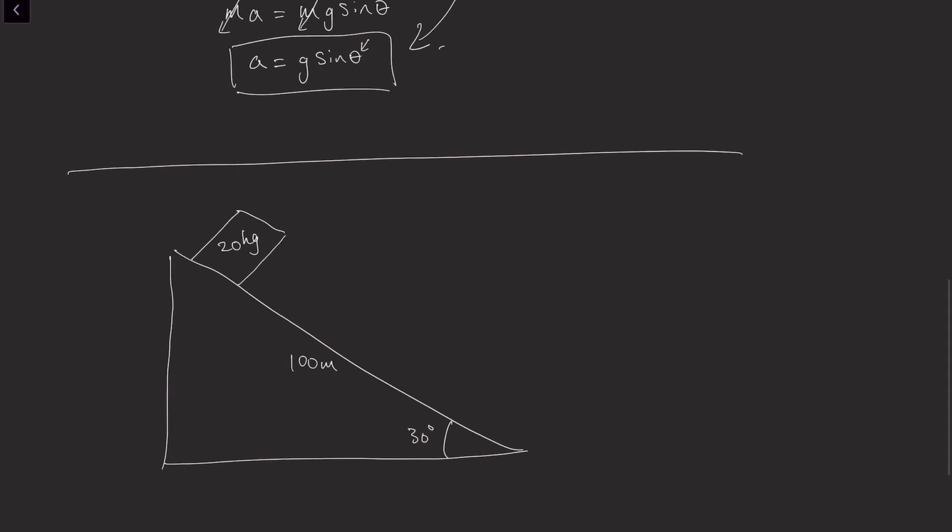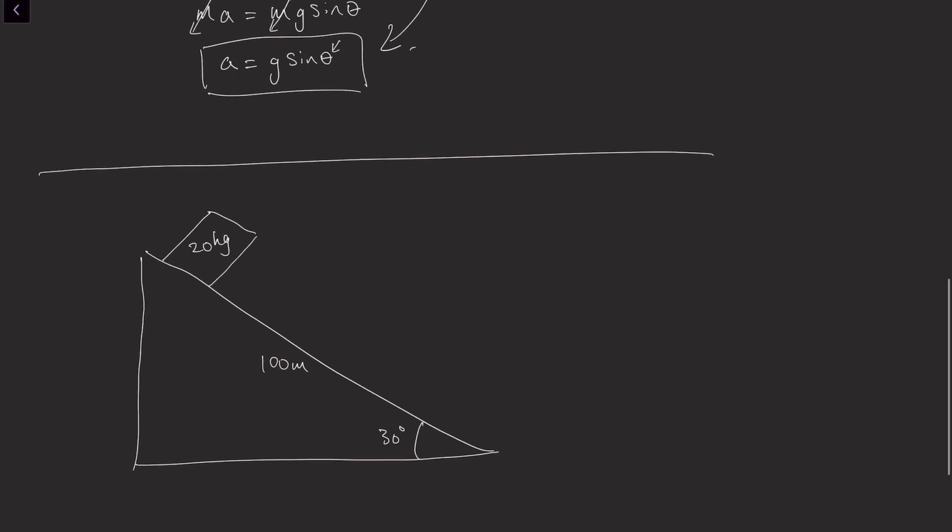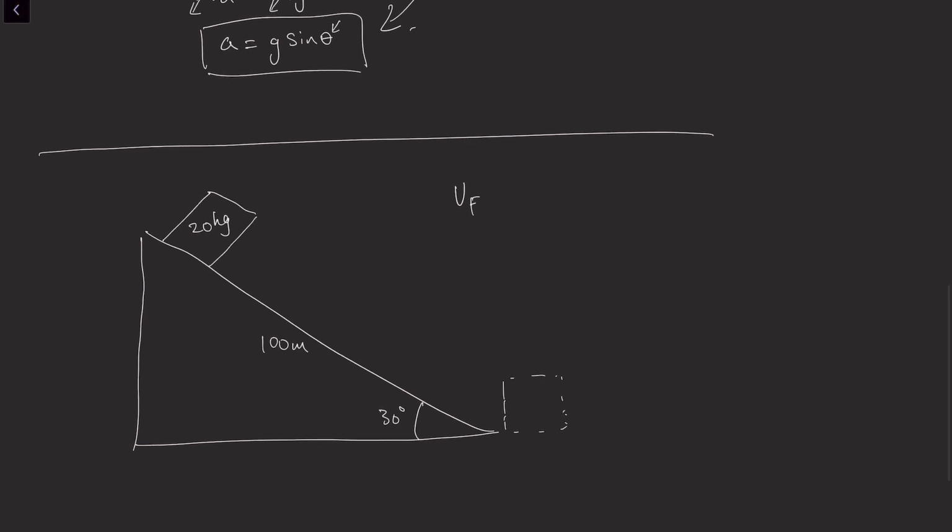And if you're interested, you could use your trigonometric identities to find what these values are here too. But they're not important right now for this question. This question now is going to be, what is the final velocity of this block when the block is at the bottom of the slope? How do you find this final velocity?